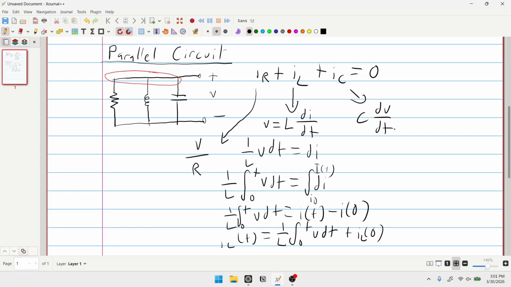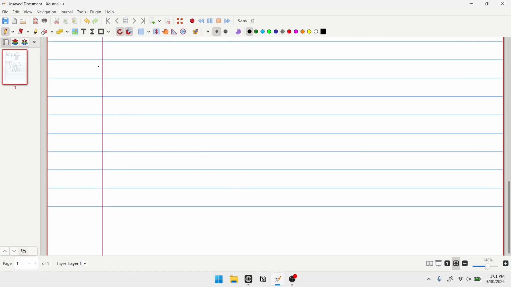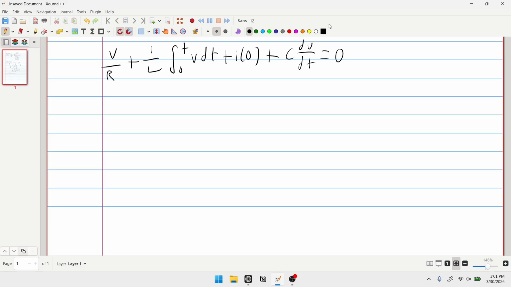So if you put them all together, we get V over R plus 1 over L integral from 0 to t of V dt plus I initial plus C dV/dt, that equals 0. This should be our KCL equation with all of the terms.